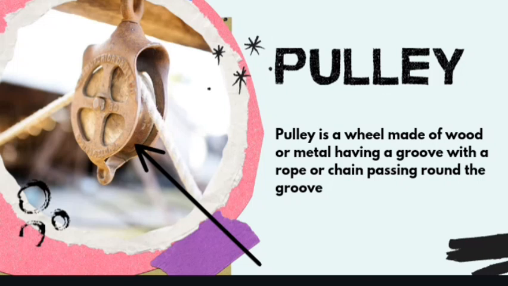You can see the arrow there pointing to the groove, so that is the groove. It's a depression on a metal bar or wood for the rope or chain to be able to pass through. So that is what a pulley is. And it makes work easier. It makes lifting heavy objects easier.